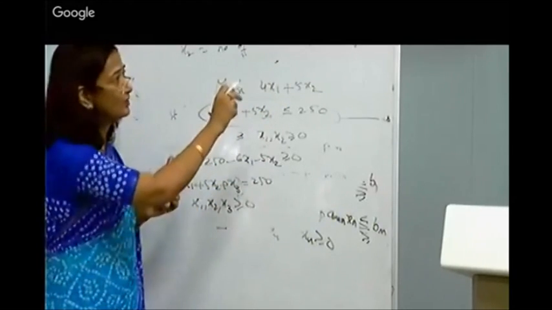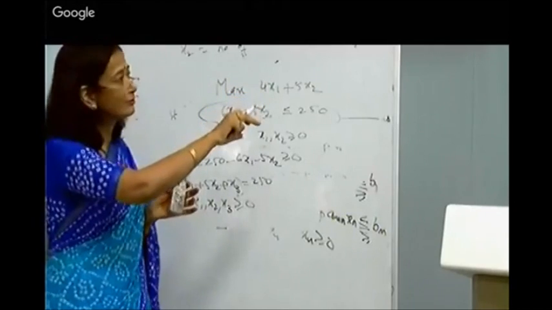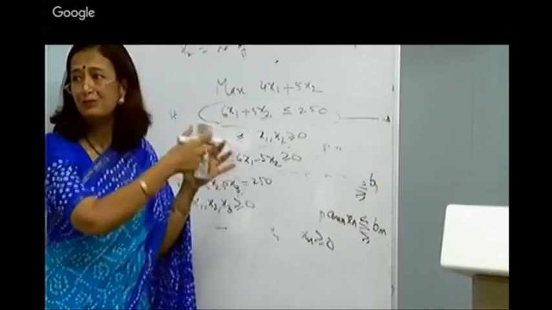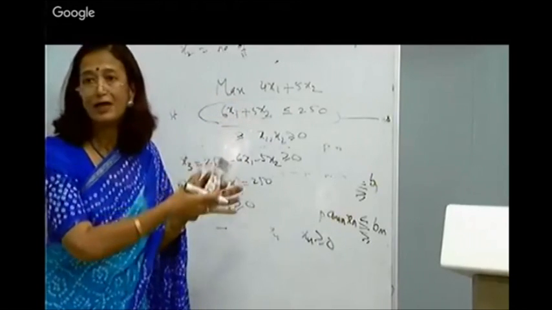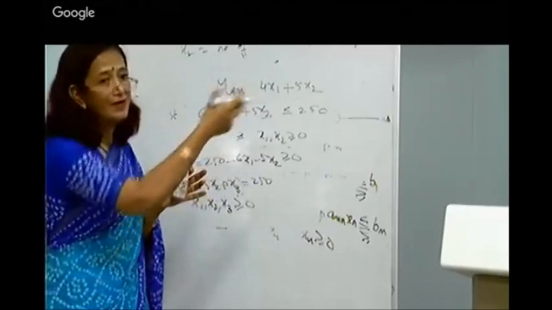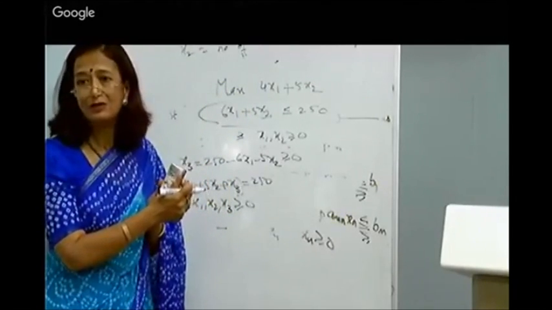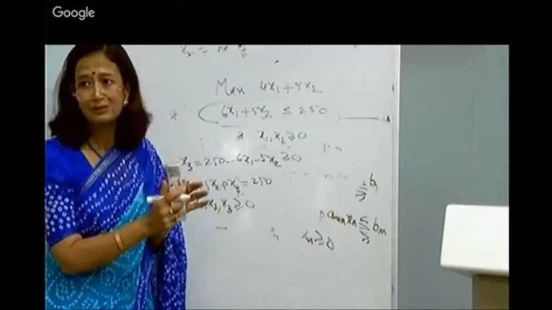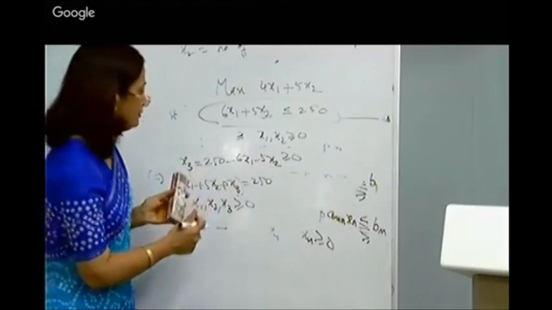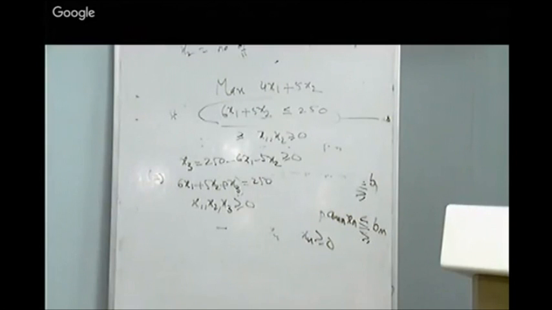So without loss of generality, you can assume your linear program to be in this form, because if there are inequalities, you can convert them to equations by introducing non-negative slack or surplus variables as per whether the constraint is less than or equal to or greater than or equal to type. This is what we generally do with the problem. So we assume this to be the main model because every problem can be reduced to this problem.